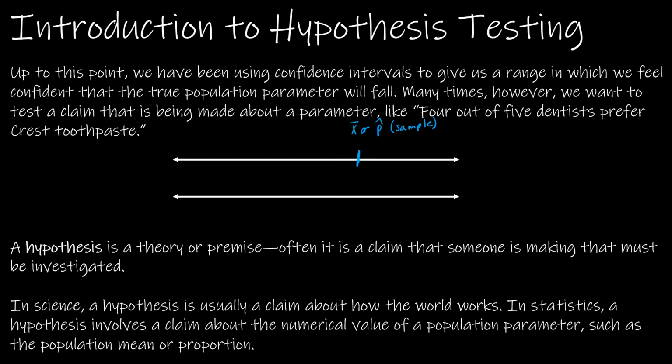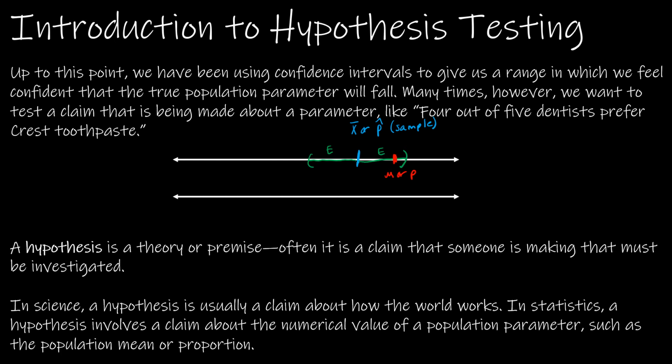And then we do all of our magical calculations to find E, and we move E to the left and E to the right of our sample data, and we say, I'm whatever % confident that the true population mean or proportion falls in that interval. And so again, perhaps this is the true population mean or proportion. And so we're going to capture that whatever % of the time. So that's what we've been doing up to this point.